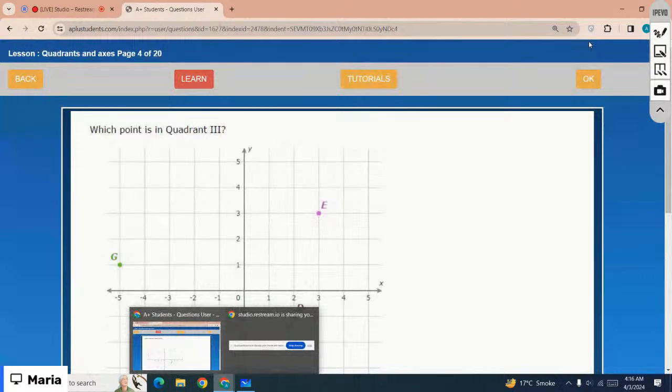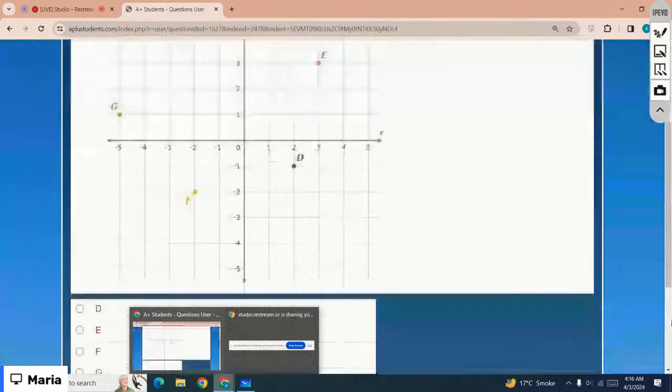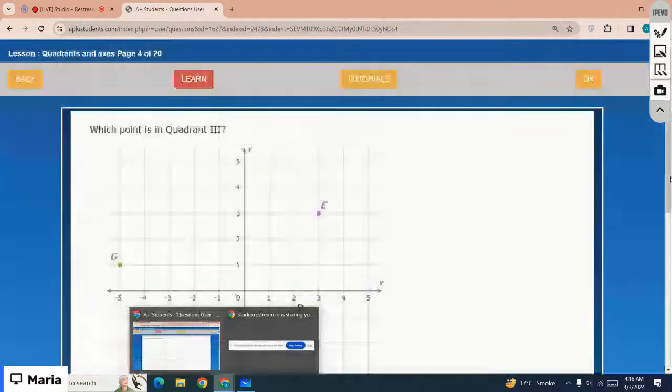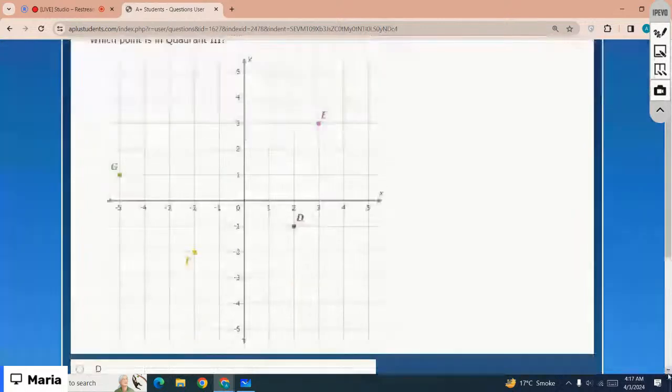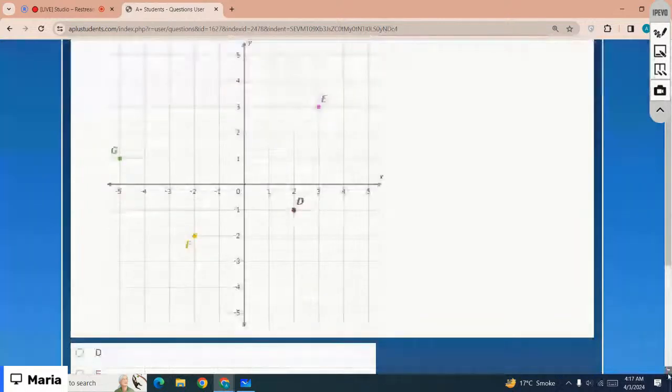Which point is in quadrant 3? Okay, 1, 2, 3. Which point is in quadrant 3? That is F. F is in quadrant 3.